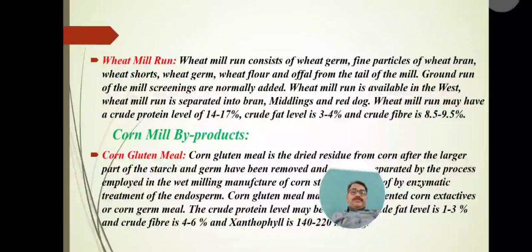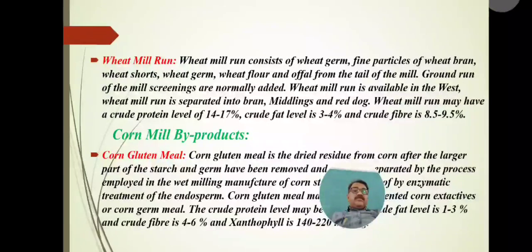Next, the mill by-product from the wheat industry is the wheat mill run. Wheat mill run consists of wheat germ, fine particles of wheat bran, wheat shorts, wheat flour and offal from the tail of the mill.